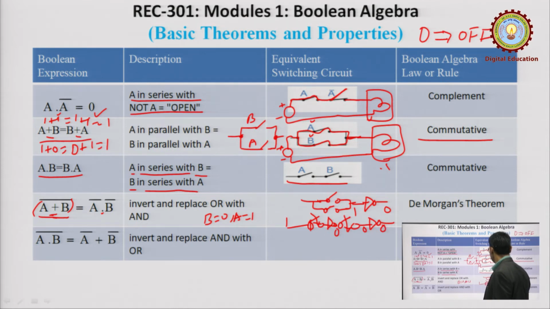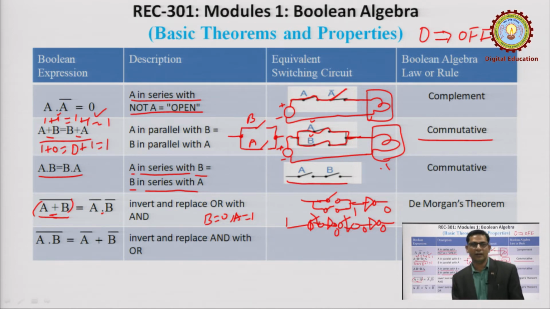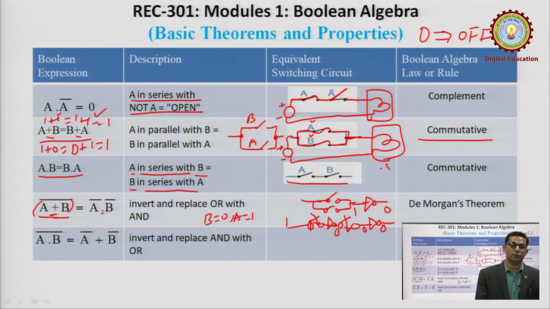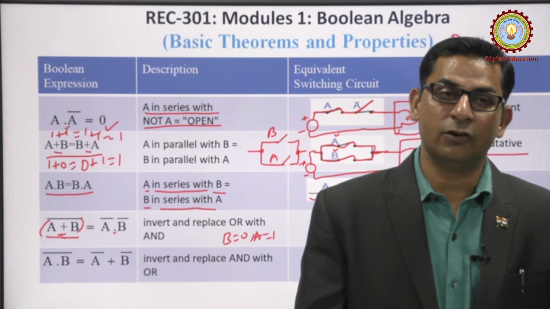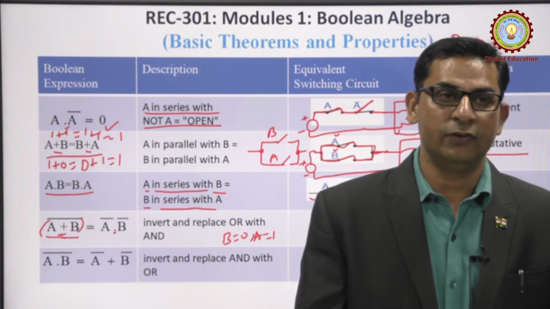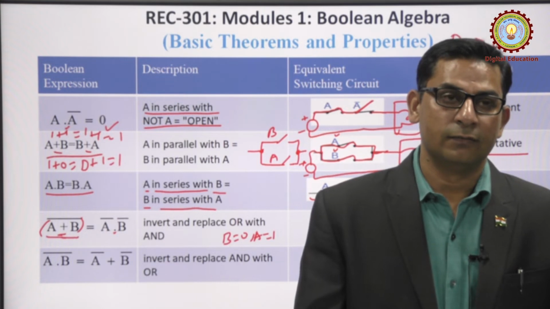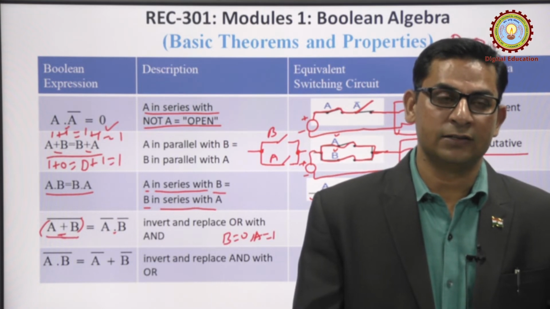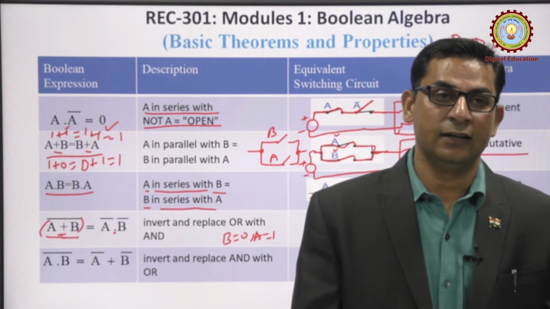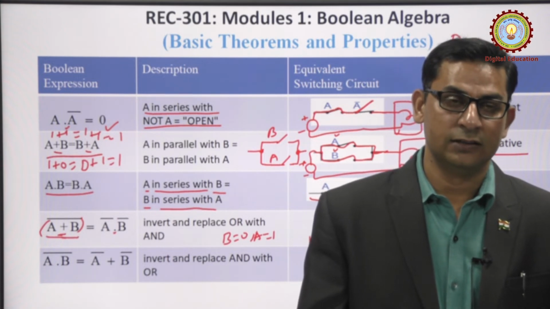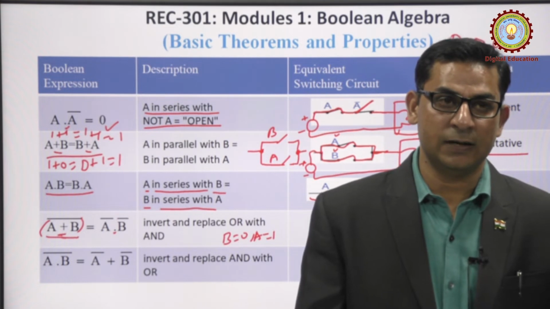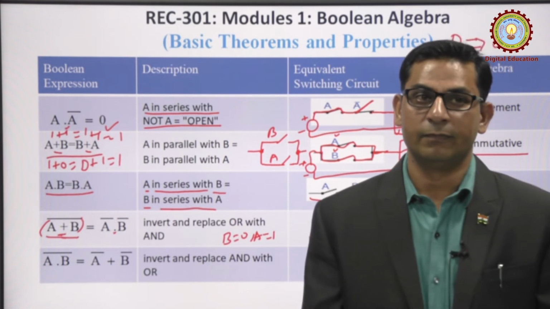The output of this switch is still 0. So we get the output 0 in both the cases. Either you connect the two switches in parallel and pass their output through the NOT gate, the output remains 0. If the two switches are connected in series and the output of each switch is passed through the NOT gate, the output remains the same, 0.